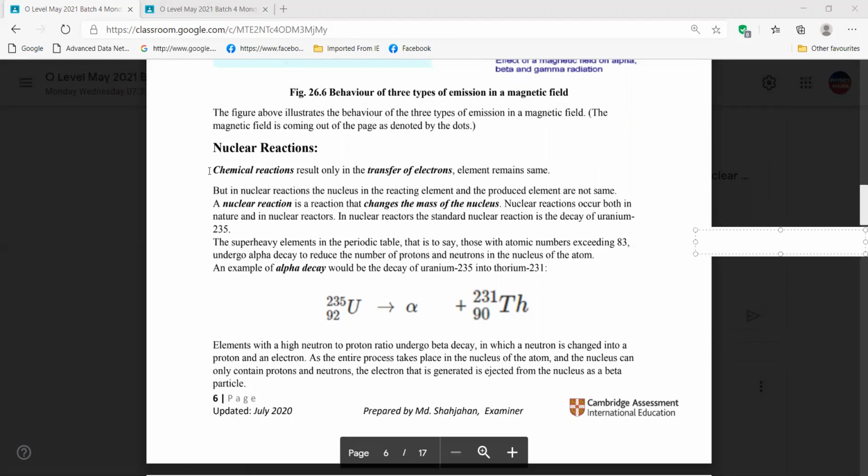Look here. At the beginning, the first line is written: chemical reactions result only in the transfer of electrons. Element remains same. Okay.